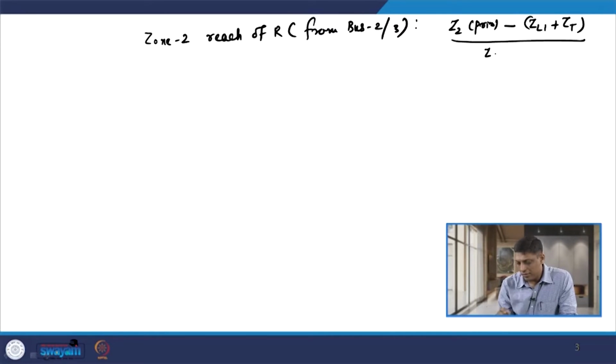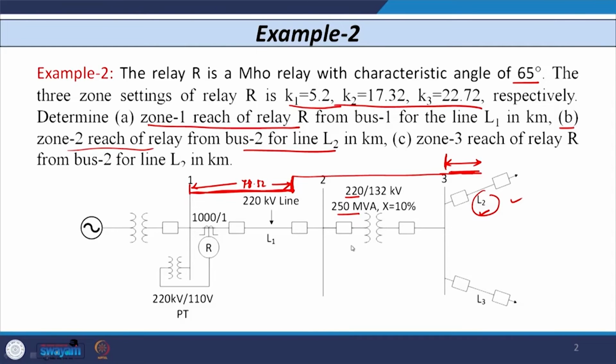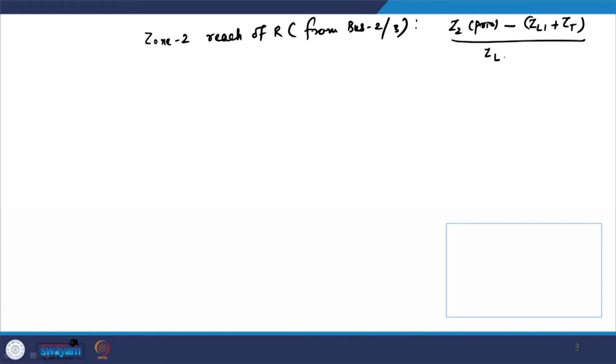This is the numerator, Z2 primary minus ZL1 plus ZT, and in the denominator we have to consider the impedance of line L2 on a per kilometer basis, that is ZL2 per kilometer.